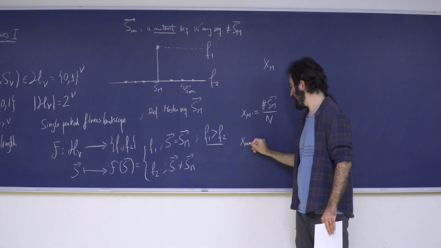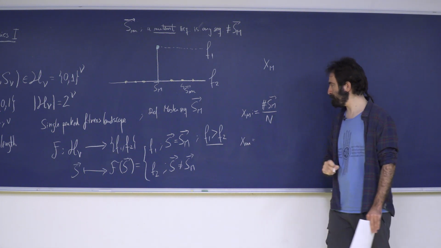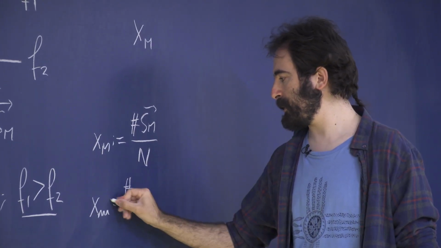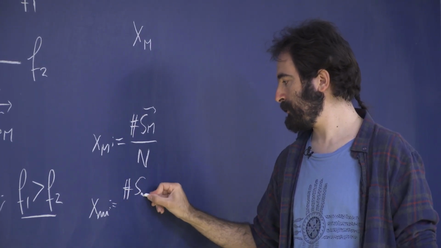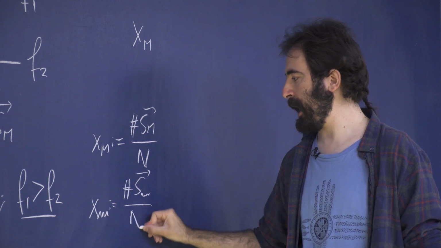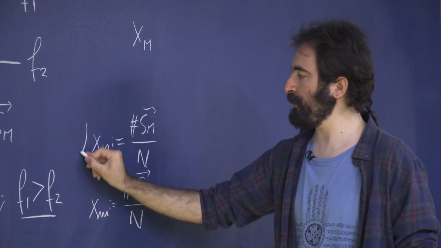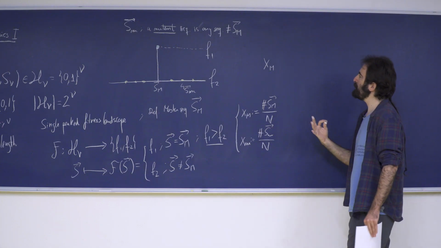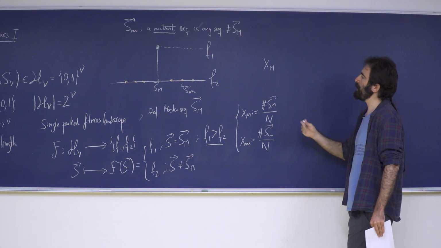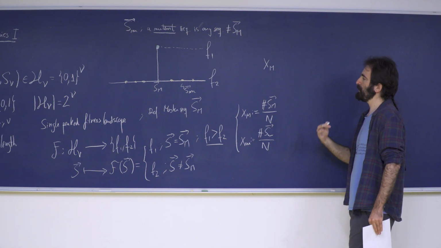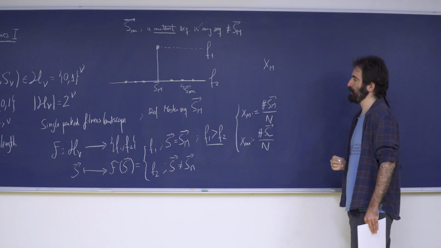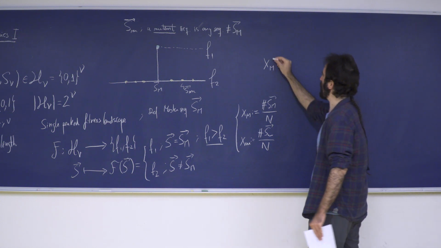On the other hand, we will define x sub little m by the number of mutant sequences divided by n. So now with these two definitions in mind, we can set out to write down an ordinary differential equation model that will map these different aspects that we have been talking about.